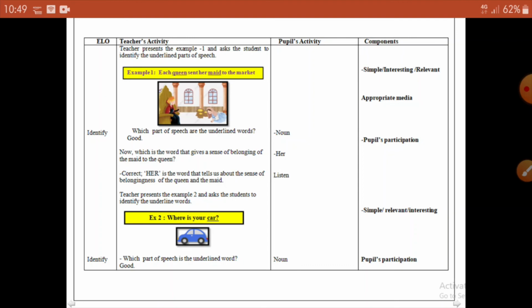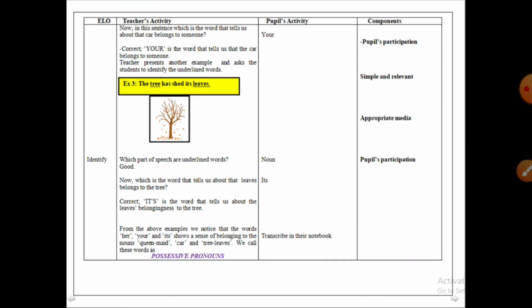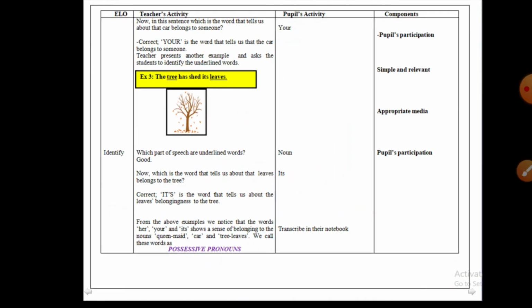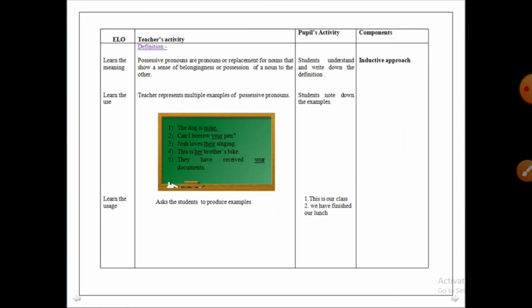A little bit of explanation of that part is needed, which I have done in my episode towards the conclusion. So from the above examples, we notice that these words are called possessive pronouns. When that is done, after that you write the definition. Then once again, if you want to test the understanding of the students, you have to go towards the worksheets.